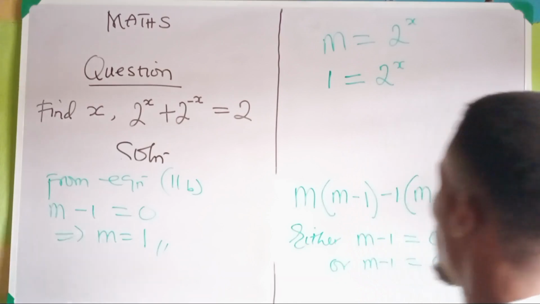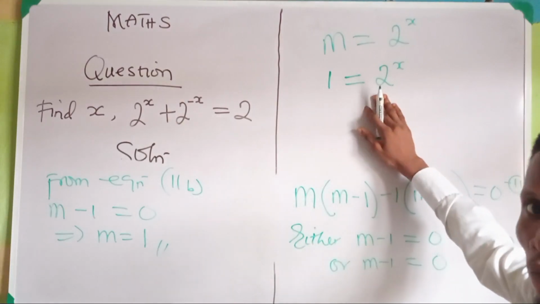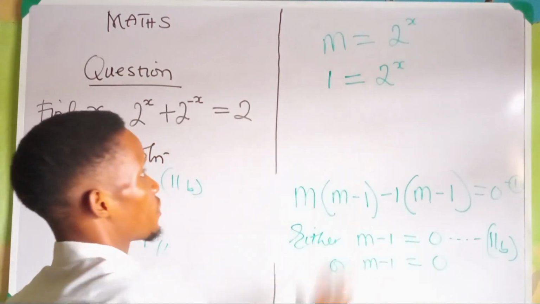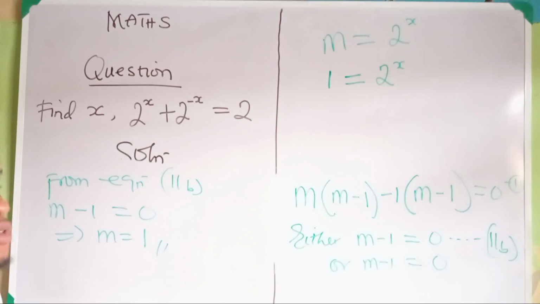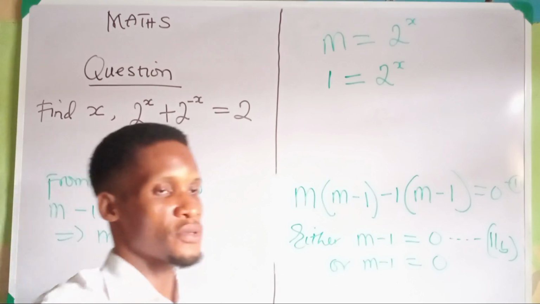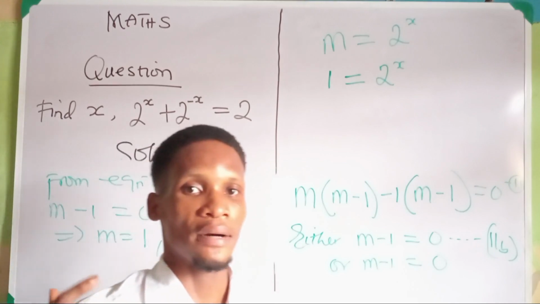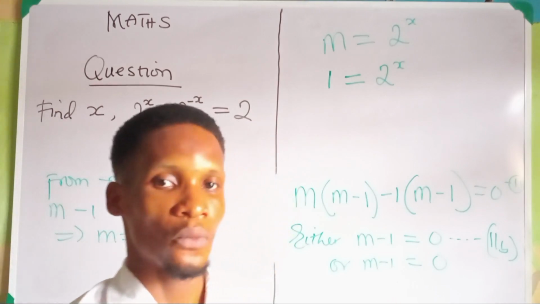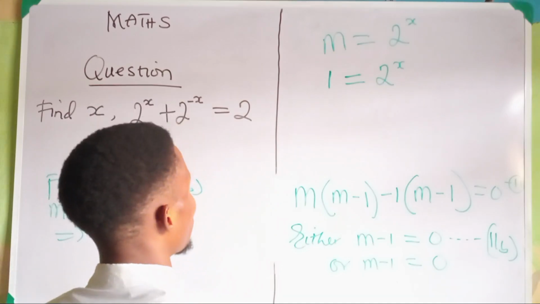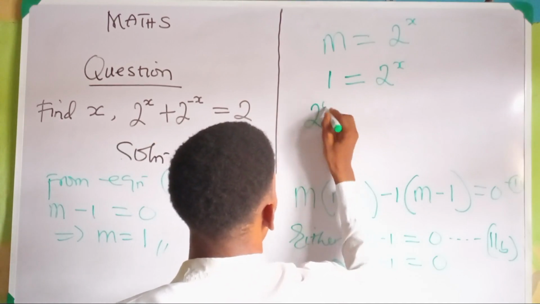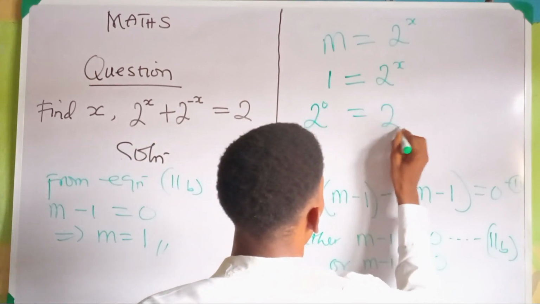So someone reaching this point may be confused to say that the equation does not have a solution. It has a solution. Go back to your indices. You recall that they say any number raised to the power 0 is 1. So it means now that this one can be 2 raised to the power 0 equals to what? 2 raised to the power s.